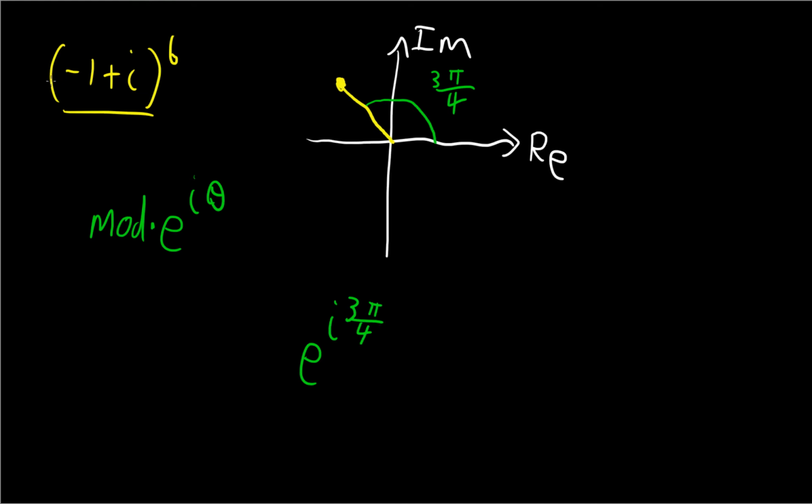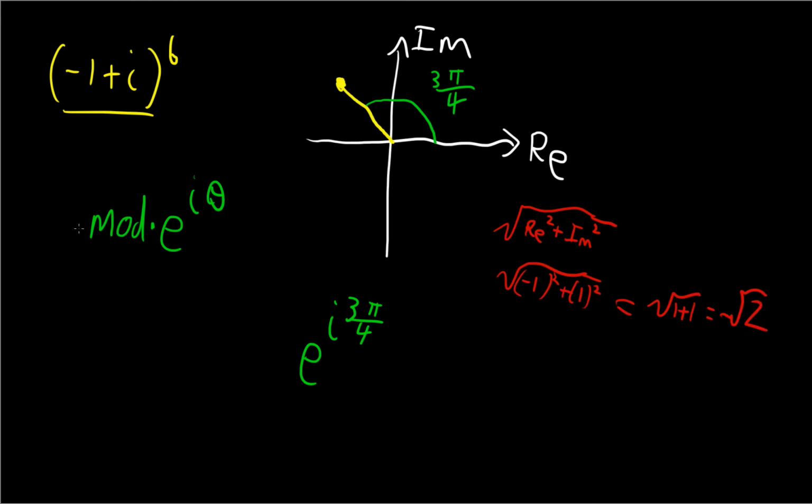Now for our modulus, you are going to take the square root of the real part squared plus the imaginary part squared. That's the imaginary part without the i. So in this case, we take the square root of -1 squared plus 1 squared, which is the square root of 1 plus 1, √2.